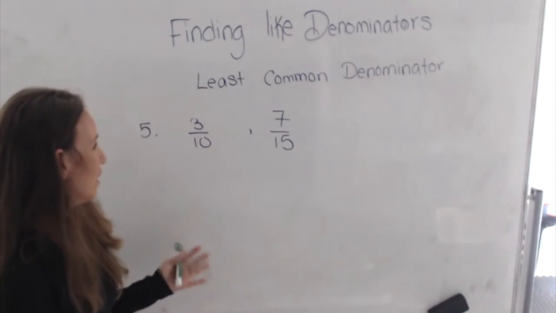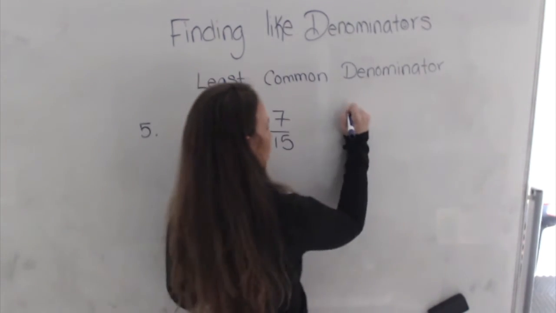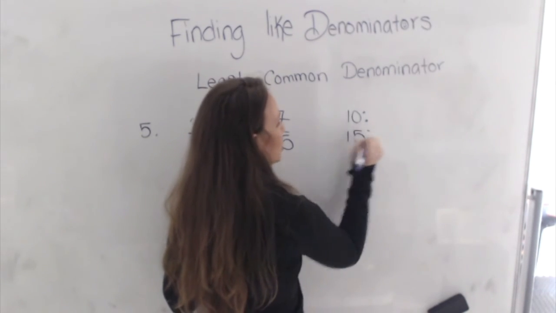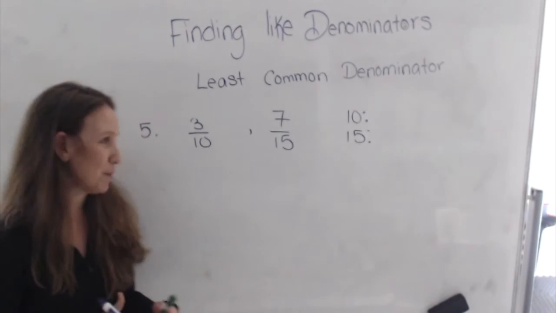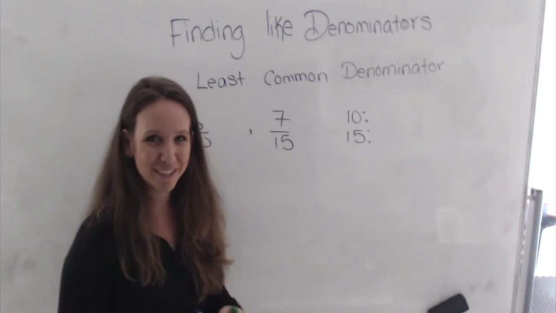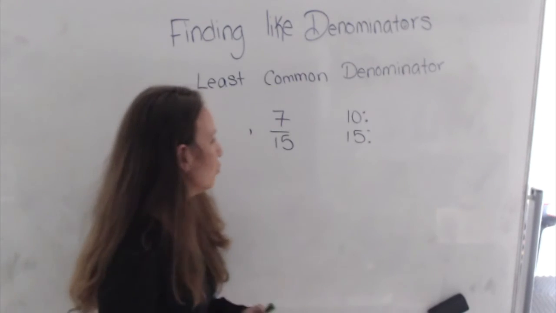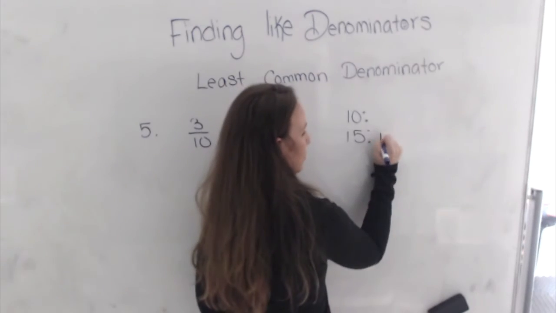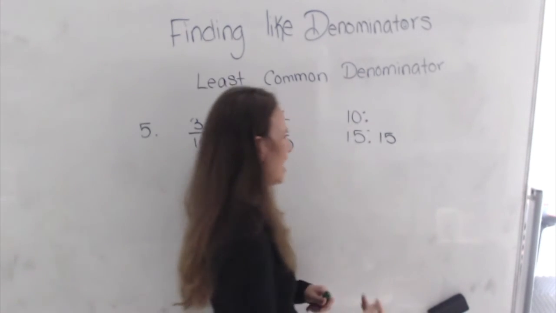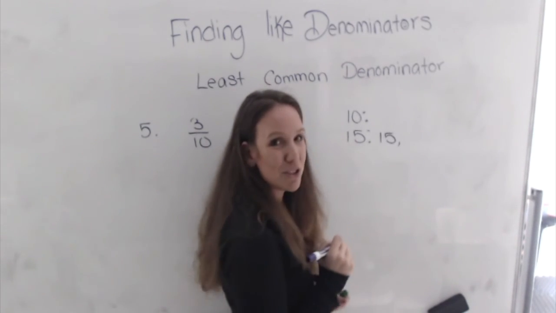So, let's start. We're going to write our 2 numbers, 10 and 15. And we're going to start with the multiples of the bigger one. Because does 10 go evenly into 15? No. So what's 15 times 1? 15. Well, we just said 10 doesn't go into 15. So let's go to the next number. 15 times 2.